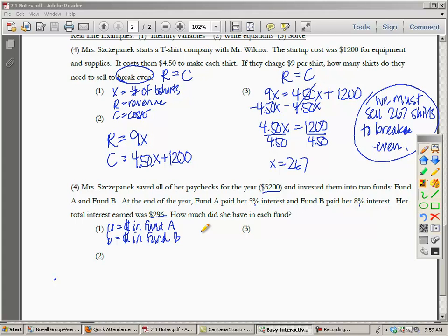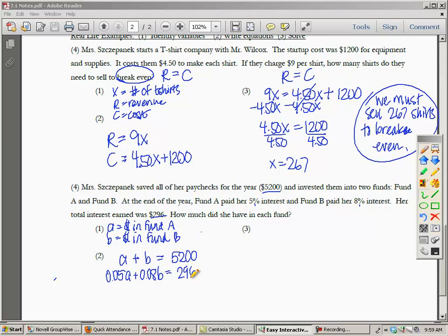So let's start with my first equation and the amount of money I put in. Well, I put some money in A and I put some money in B, and in total I put in $5,200. In interest, I earned 5% interest in Fund A and 8% interest in Fund B for a total interest of $296.